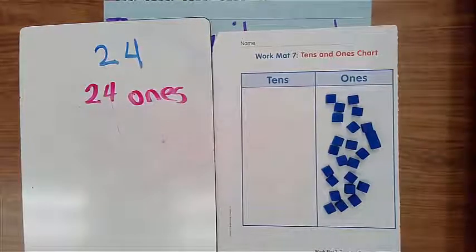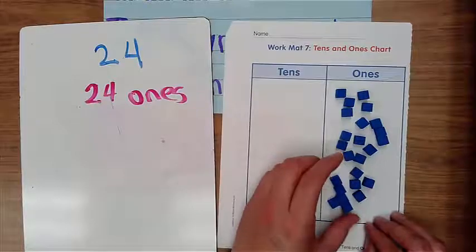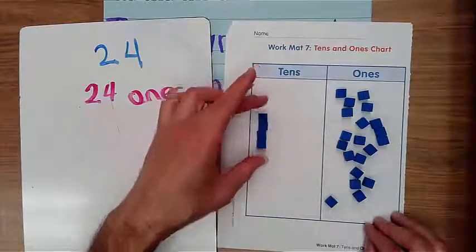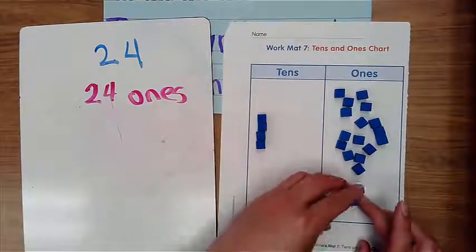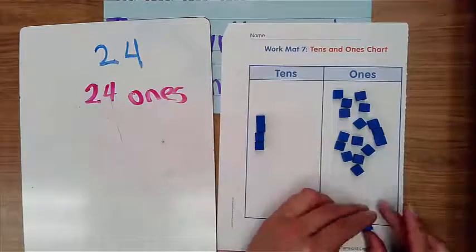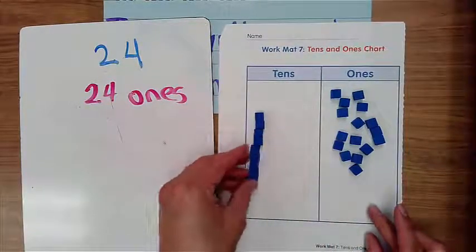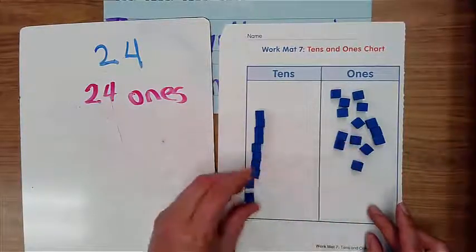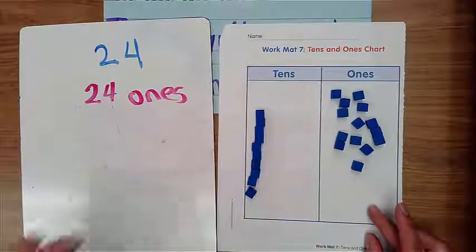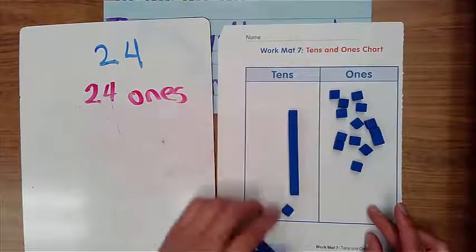But I can also say, if I regroup this into groups of 10, so that's 4, that's 8, that's 10. That's one group of 10, so I'm going to replace it with a 10 stick.